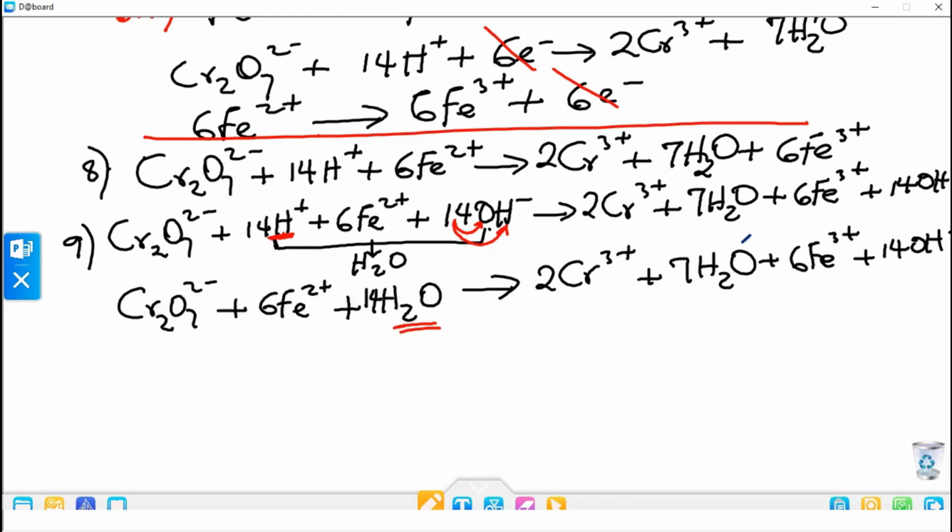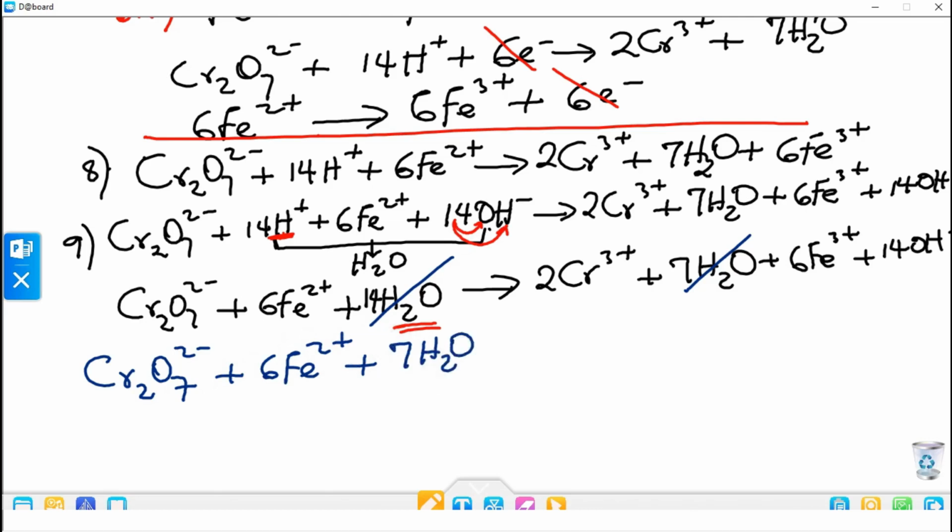So 7 moles of water can take away 7 moles of water from these 14 moles, such that we now have our equation to be Cr2O7 2 minus plus 6Fe2 plus, 7 moles of water has been taken away from this 14 moles of water, so we are left with 7 moles of water.